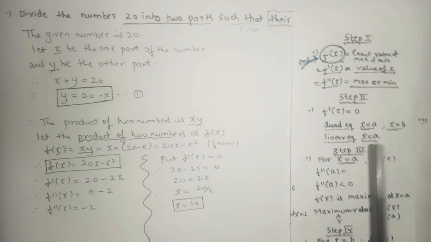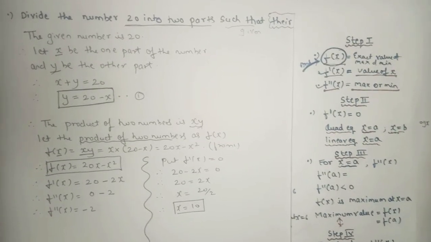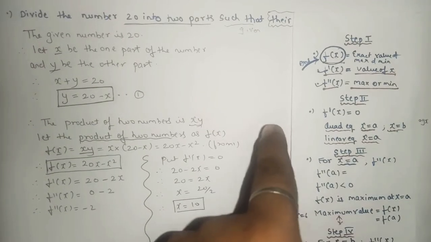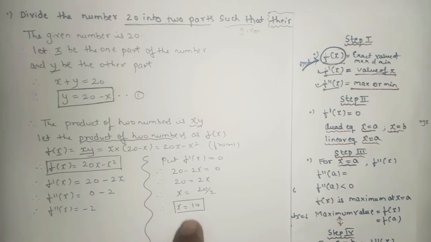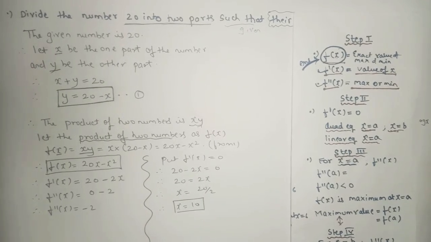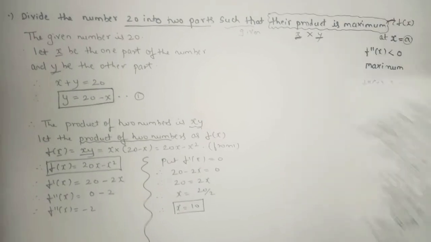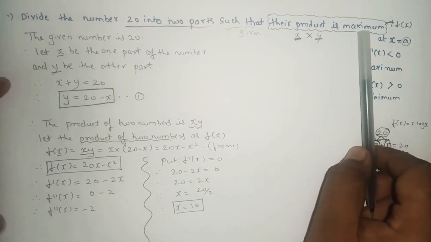And see that here we got only one value of x. As I told, whenever it is a quadratic equation, you will get two answers. When you get two answers, one value turns to maximum and the second value turns to minimum, or vice versa. Whenever you get only one answer for x, it will be either maximum or minimum. Now here it is clearly mentioned that their product is maximum.